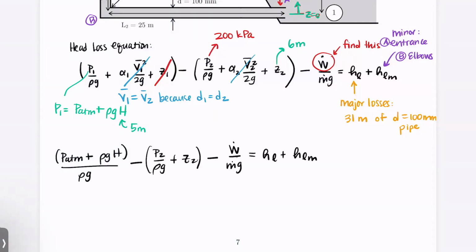Actually, maybe this wasn't too bad. We still need to calculate the velocities and Reynolds number to do the major losses. This wasn't too bad. I take it back.